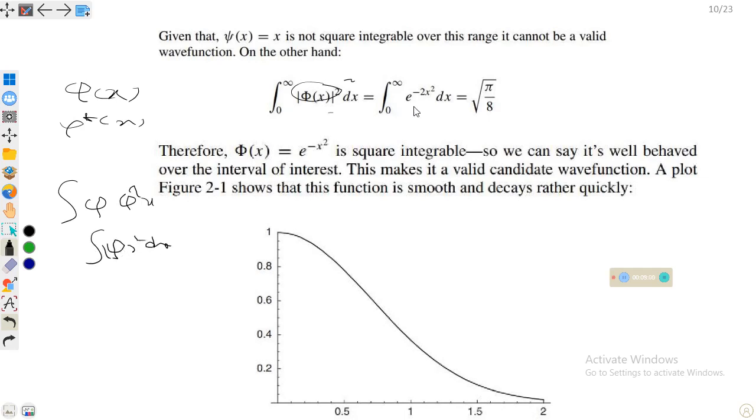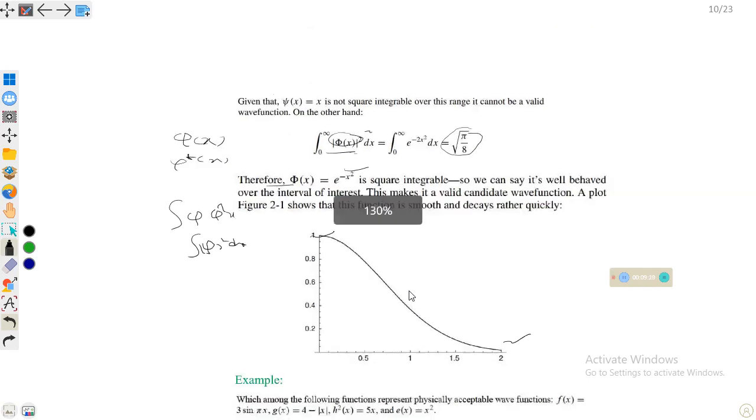By putting this value, it gives the integral of exponential minus 2x square dx, which is equal to square root of pi over 8. Therefore phi of x is square integrable because it gives a finite value, and it is well behaved, and its graph is continuous. You can see there is no discontinuity in this graph.